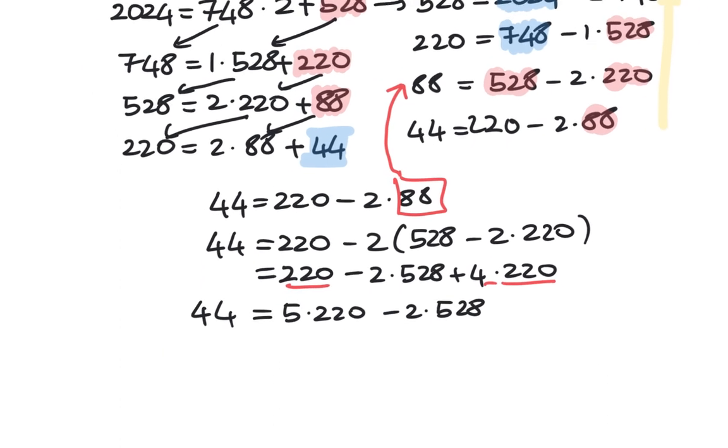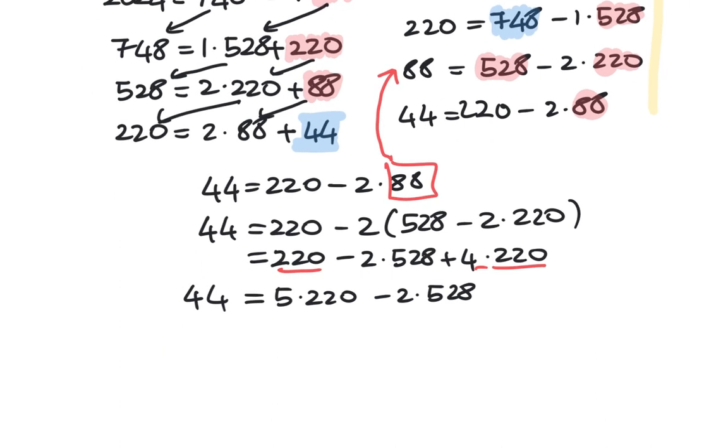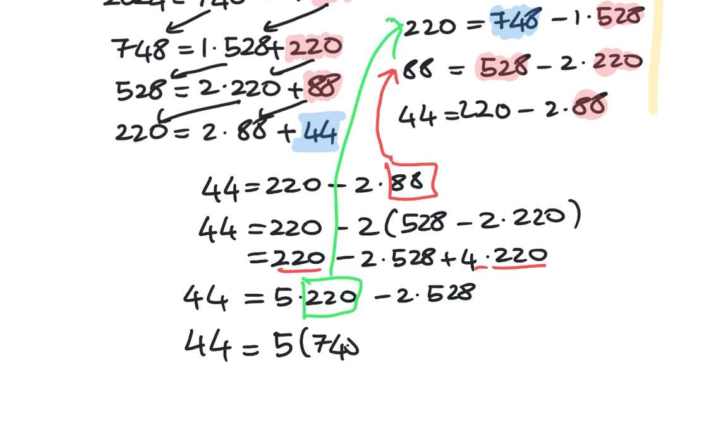Now I have 44 written in terms of two previous remainders. In the second equation, the remainder written in terms of previous remainders is 220, so I am going to replace this 220 with the previous equation. I have 44 equals 5 times (748 minus 1 times 528) minus 2 times 528.